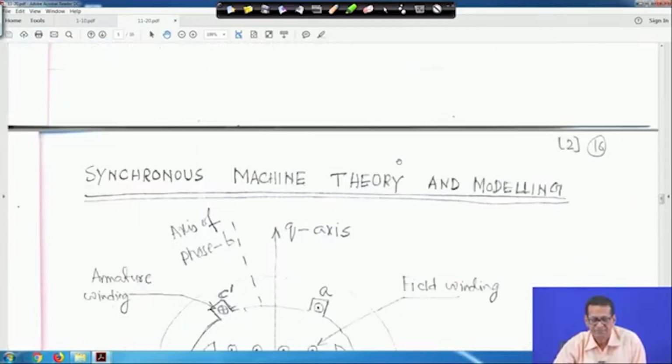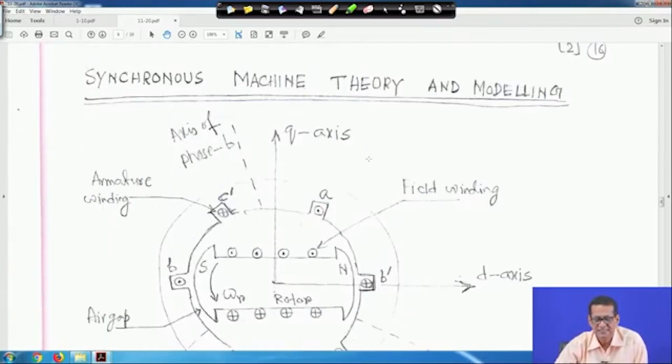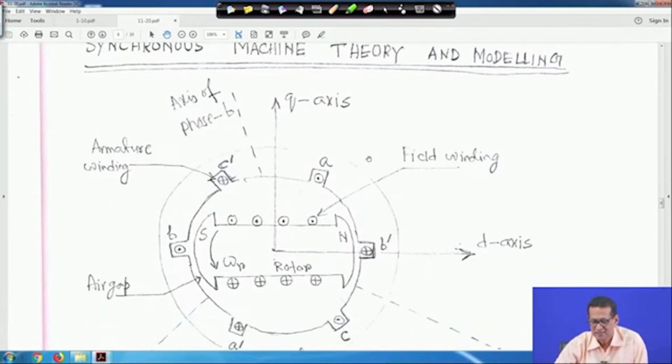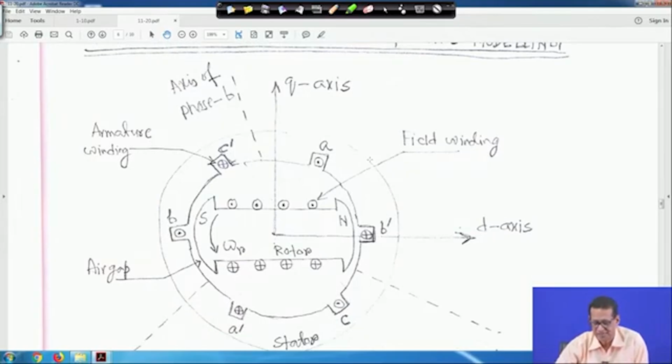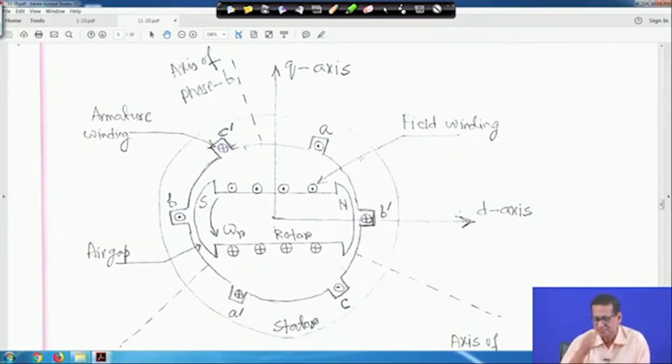Next is synchronous machine theory and modeling. Here a schematic diagram is drawn for the synchronous machine. This is the rotor with a north and south pole, and this is the field winding, which is DC because for a synchronous generator the field is DC.